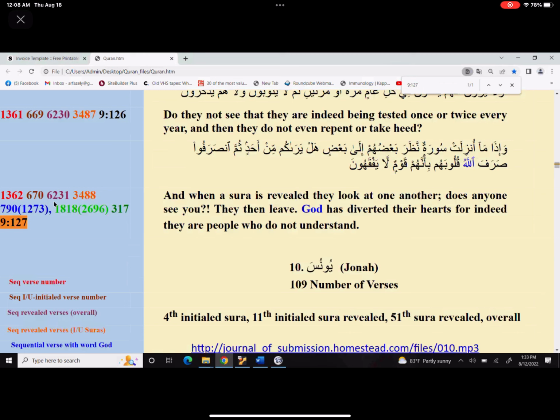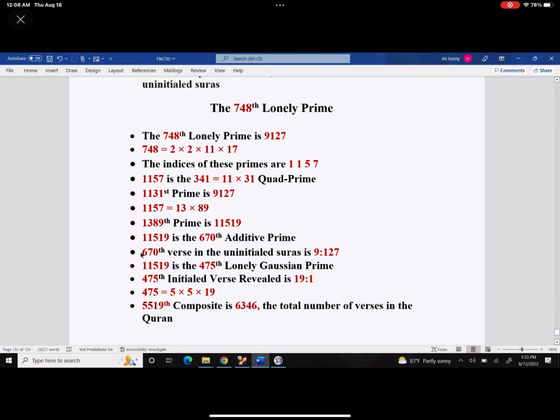The second number is 670. That tells you the number of verses from the beginning of the Quran to 9127 in the uninitial surahs, of which chapter 9 is an uninitial surah. And that's 670. That's what the mathematics generated. The mathematics already generates 670 and this bullet right here.